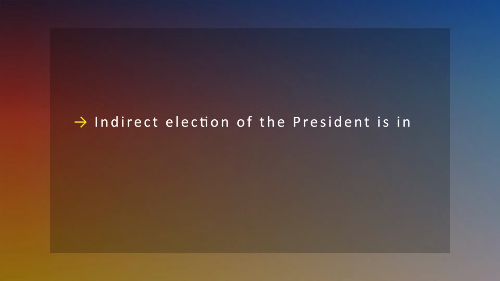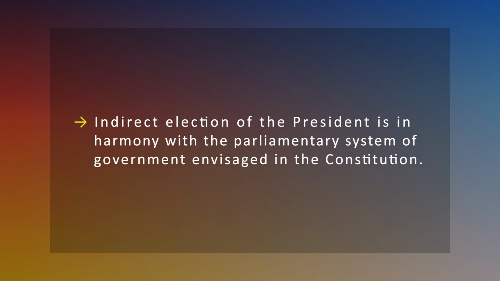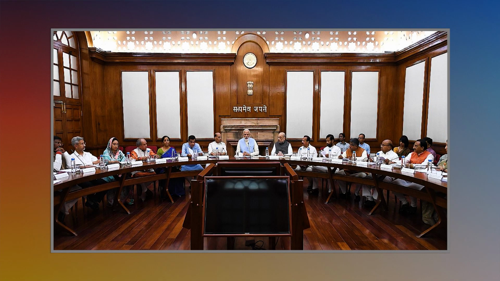The indirect election of the president is in harmony with the parliamentary system of government envisaged in the constitution. Under this system, the president is only a nominal executive and real powers are vested in the Council of Ministers headed by the Prime Minister.